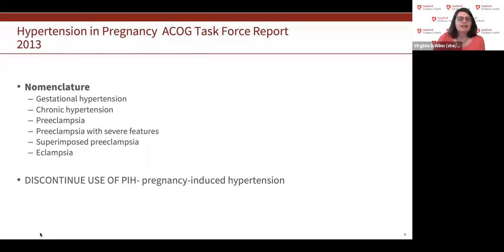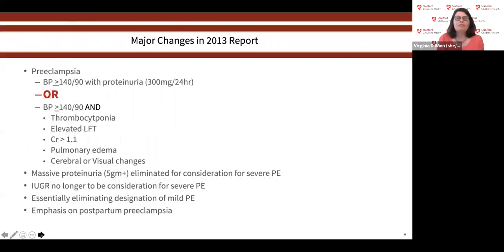I wanted to highlight some of the major changes in this report. I'm not going to be addressing the diagnosis and treatment of the different hypertensive diseases in pregnancy, but I want to make sure everybody is aware of this 2013 report. Preeclampsia traditionally was diagnosed by elevated blood pressure and proteinuria.